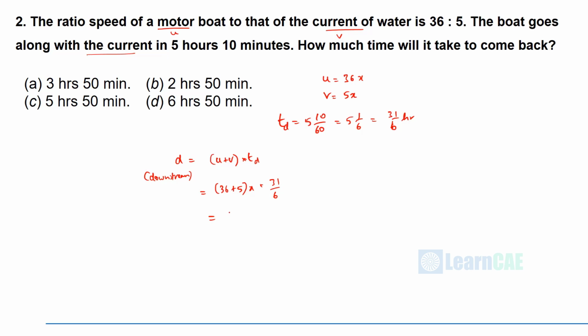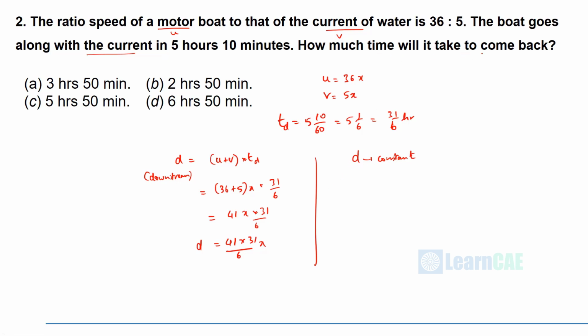Let this be 41x into 31 by 6. We shall rewrite this as 41 into 31 by 6x. Let this be the distance downstream travelled. Okay, here we can see the distance is constant. That is either upstream or downstream, the value will remain the same for distance.